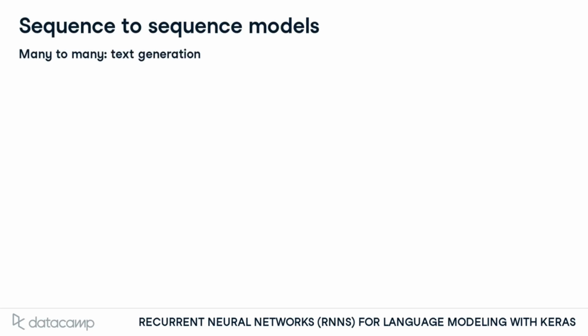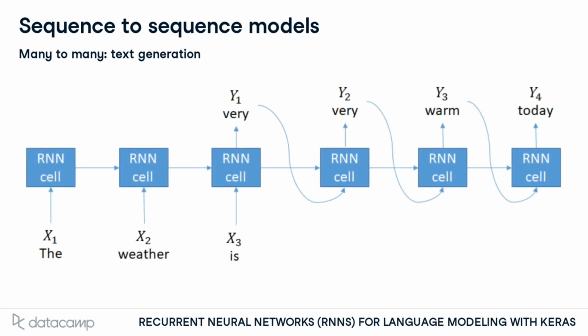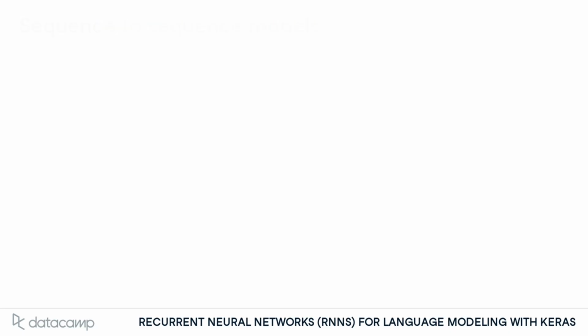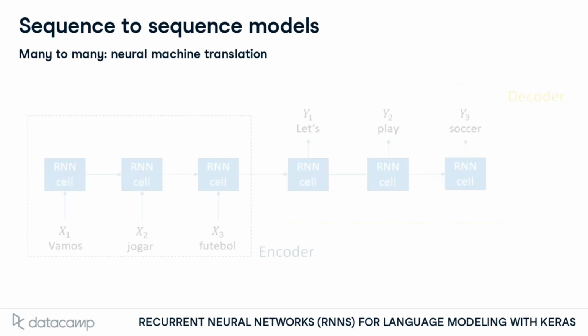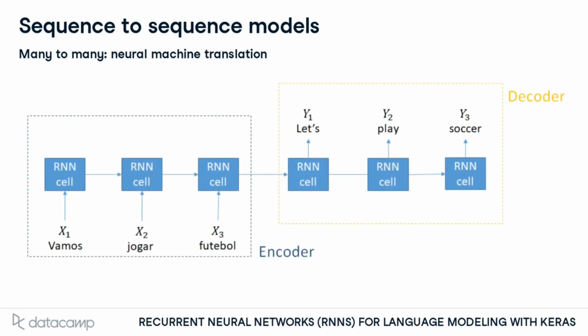Many inputs to many outputs for text generation start the same as in the classification case, but for the outputs, it uses the previous prediction as input to the next prediction. Many inputs to many outputs for neural machine translation is separated in two blocks, encoder and decoder.